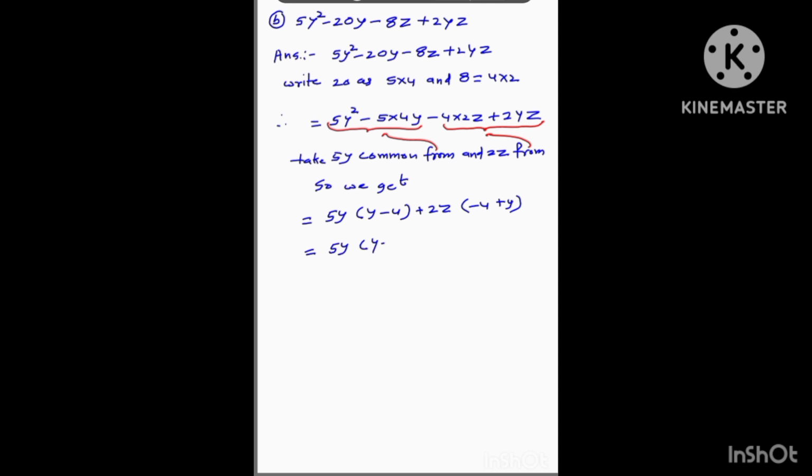So 5y into y minus 4, I am just rewriting it. This is common, so y minus 4 should be taken common, and you get y minus 4 into 5y plus 2z, that is the second bracket. That is your answer. These are the factors.